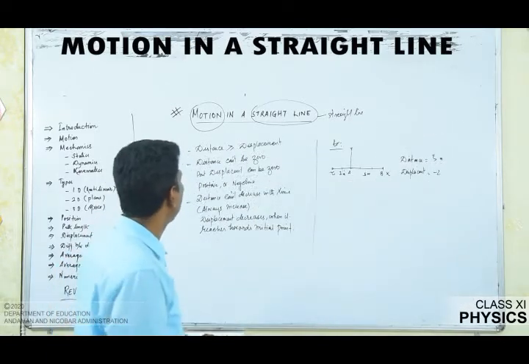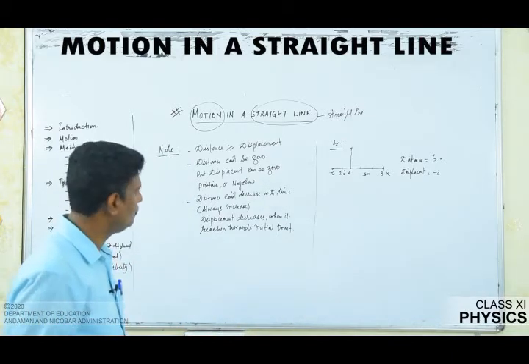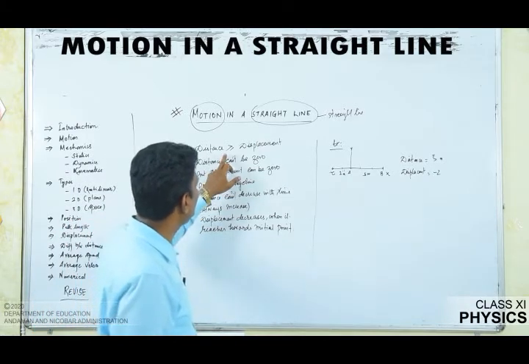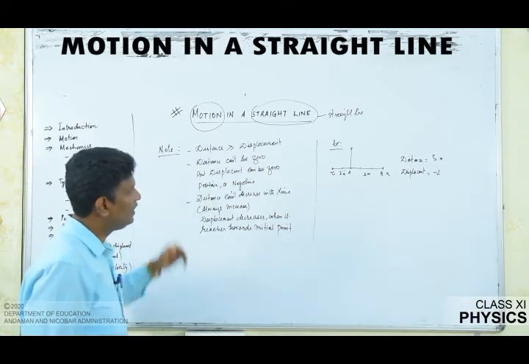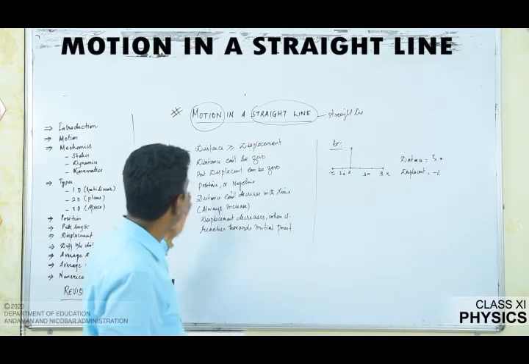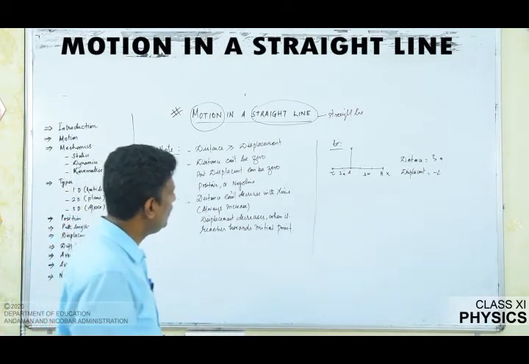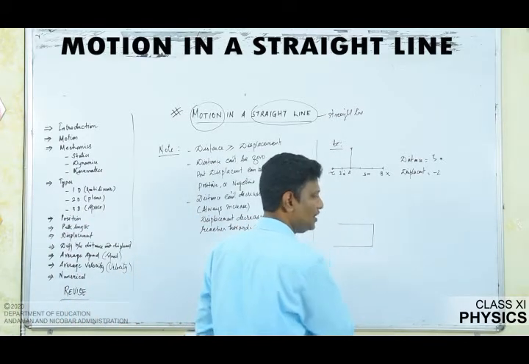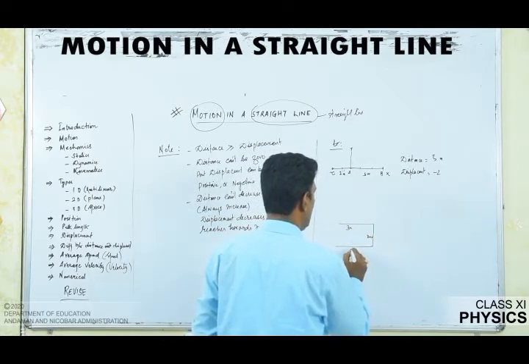In comparison of distance and displacement, we should note some points here. One: distance is always greater than or equal to displacement. In other words, displacement cannot be greater than distance. Next point: distance can't be 0. Whether you go in the same direction, opposite direction or any direction, distance is always added up, say 3 meter, 2 meter and 3 meter.